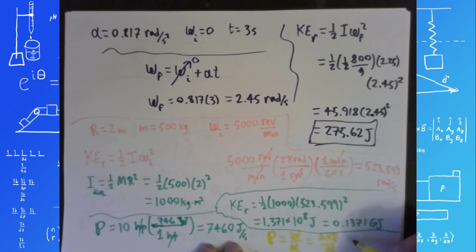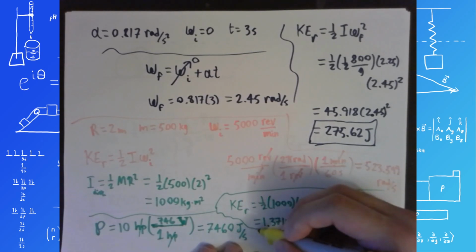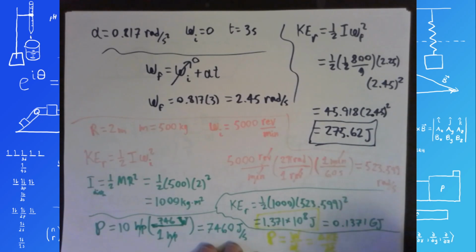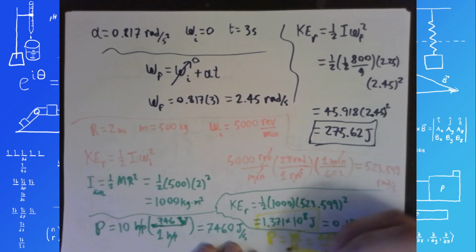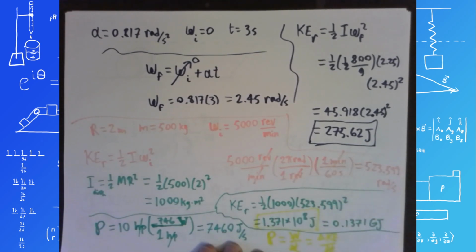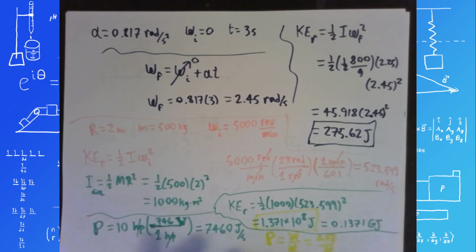So your final kinetic energy is 0. Your initial kinetic energy is this much. So negative 1.371 times 10 to the 8 joules divided by the total time equals the power output of 7460. So you could do it just through remembering a bunch of equations instead, but you don't have to.